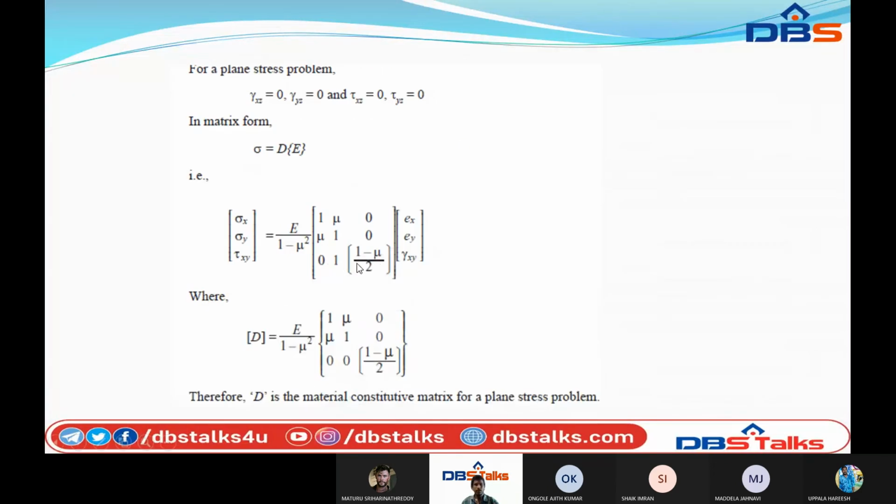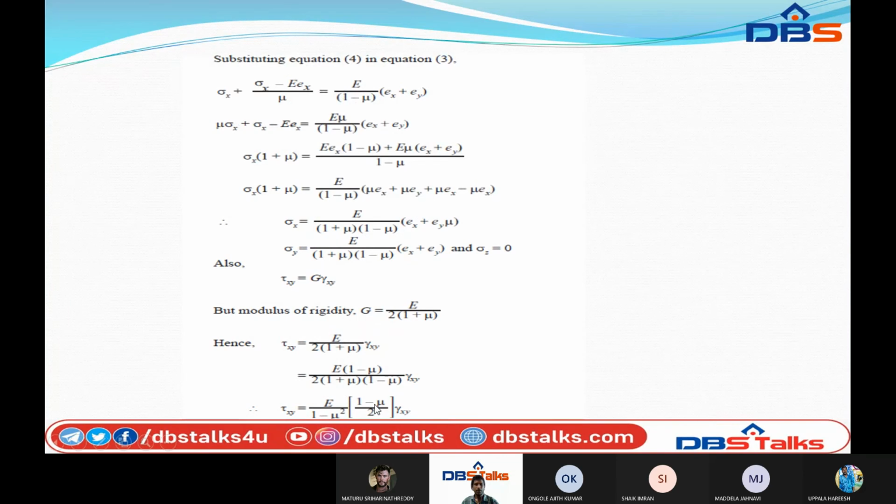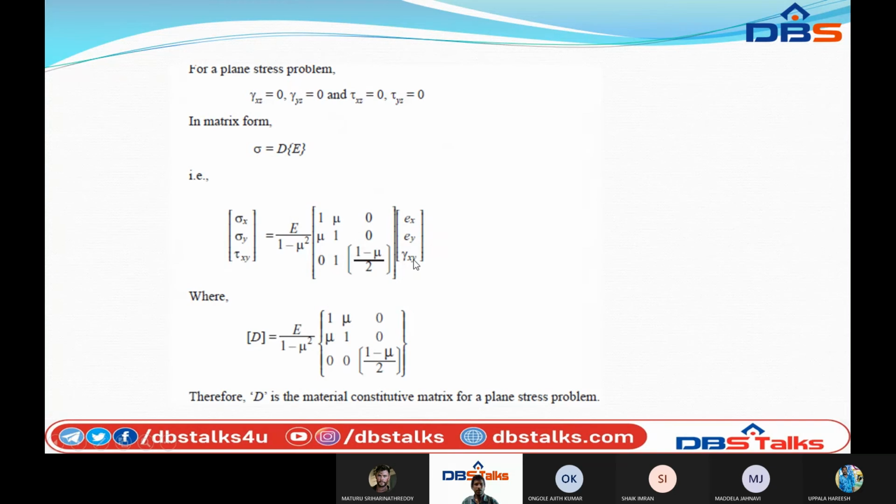In the tau xy position, 0, 0, 1 minus mu by 2. Finally, the D matrix will be E by 1 minus mu square, with rows 1, mu, 0; mu, 1, 0; 0, 0, 1 minus mu by 2, multiplying Ex, Ey, gamma xy. Therefore, D is the material constitutive matrix for the plane stress problem.